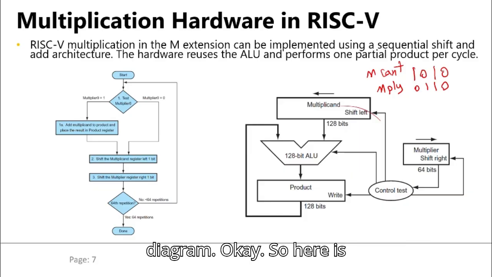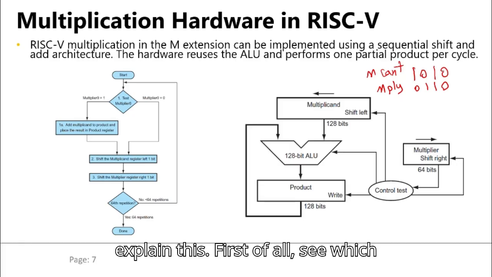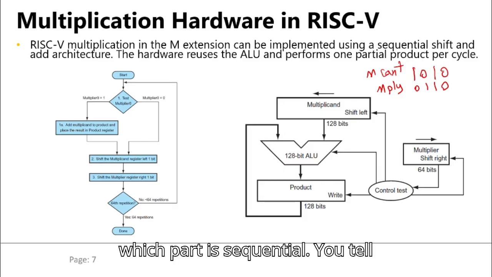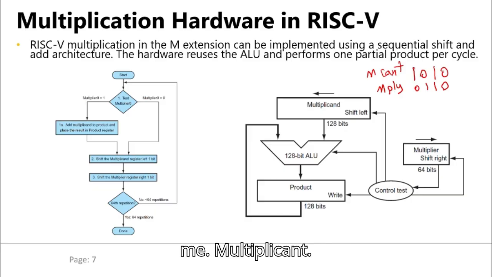Okay, so here is what's important. Just listen to what I try to explain. First of all, see which part is combinational and which part is sequential. You tell me, multiplicand, is that a register?